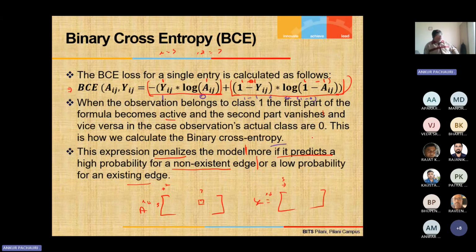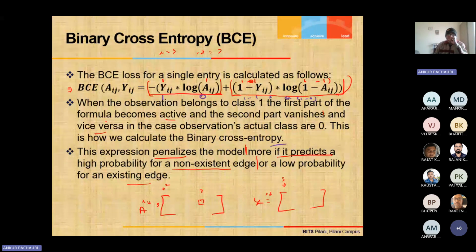So one of them will be 0 and the other one will be non-zero at the same time, depending on which class the observation actually belongs to. This is how we calculate the binary cross entropy.